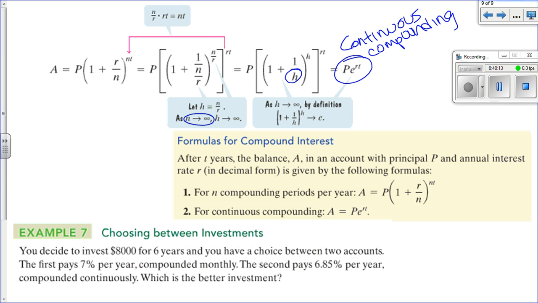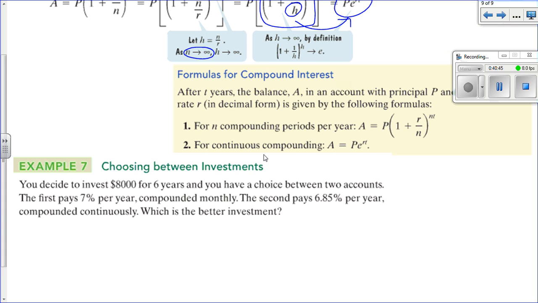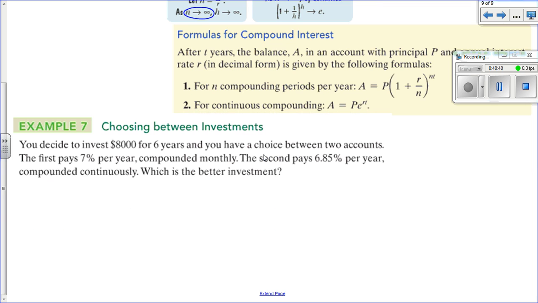On that other slide it was written this way. As n got bigger, in this case they're using h, we know that this was approaching e, correct? And so that is what we have here, the formula for continuous compounding. If I had more time I would derive it, but I really don't. I want to start section 3.2, at least start it. So let's go ahead and answer that question.